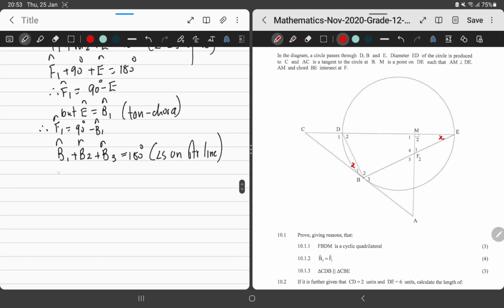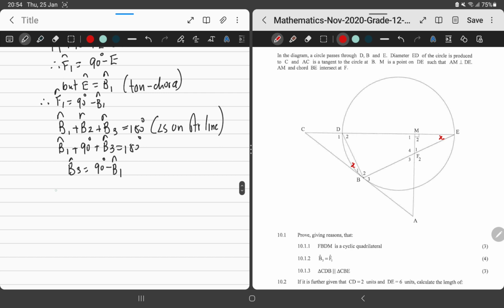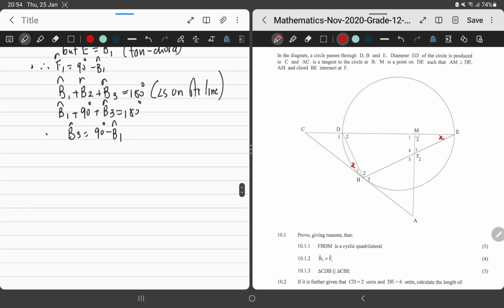B1, that's just B1. B2, that's 90. B3. So B3 is equal to 90 degrees minus B1. So yes, F1 is equal to B3.